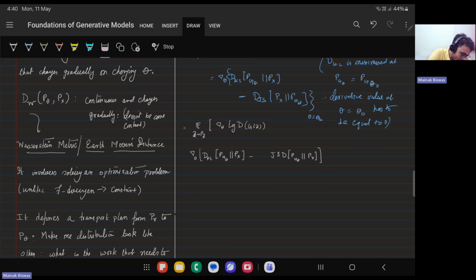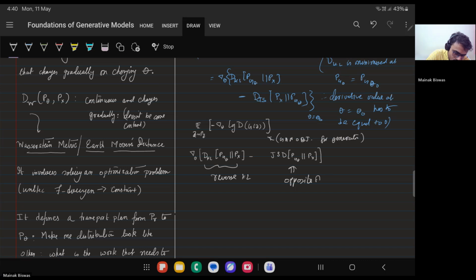So whatever the Goodfellow objective was, the GAN objective for the generator, it can be written as a reverse KL divergence and you have the opposite of Jensen-Shannon. This solves a lot of understanding problems in the GAN paper.